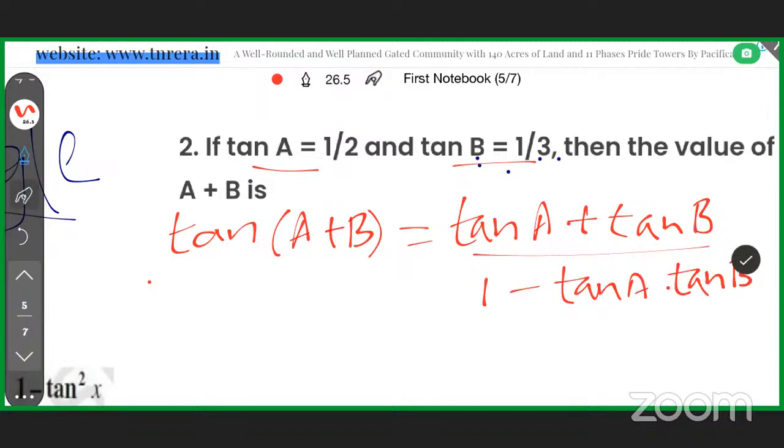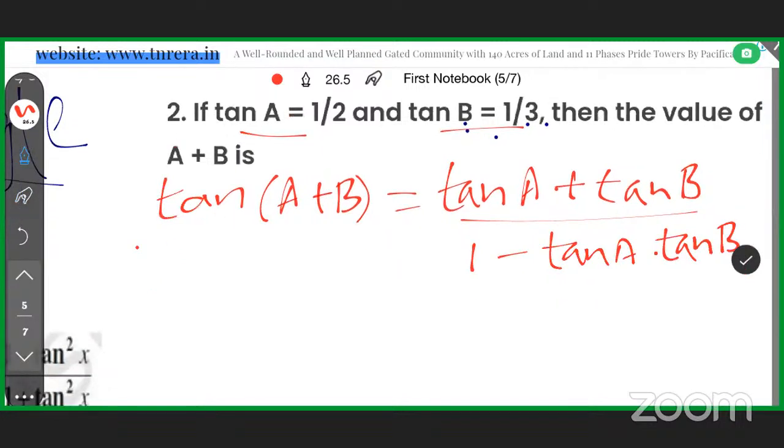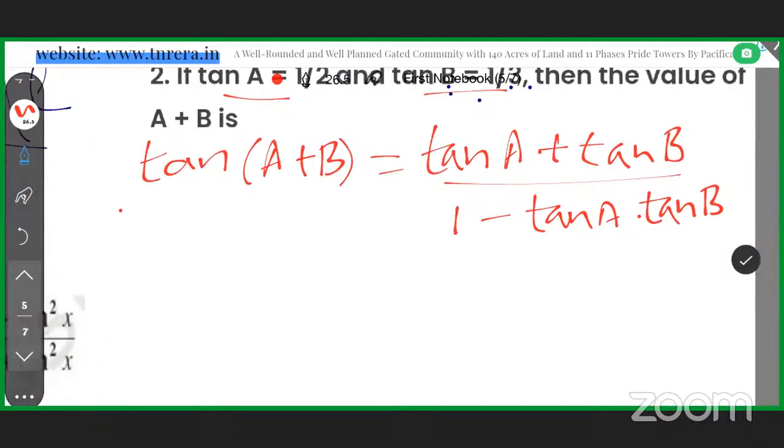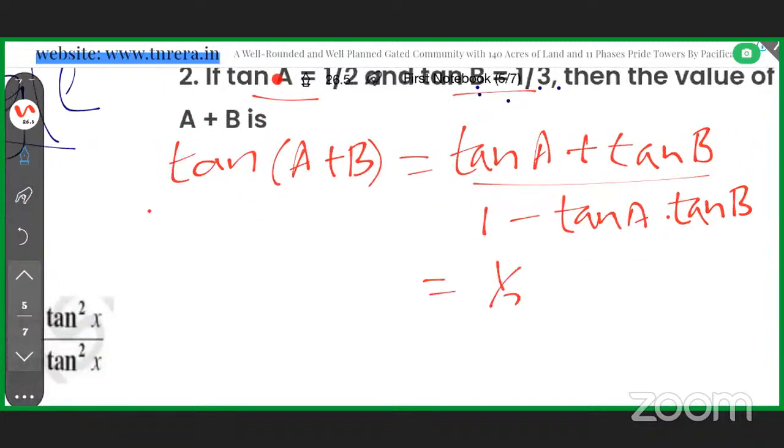So now we'll substitute the values. Tan A is 1 by 2 plus 1 by 3, whole divided by 1 minus 1 by 2 into 1 by 3. This is equal to how much?